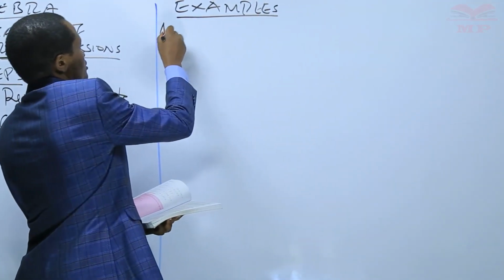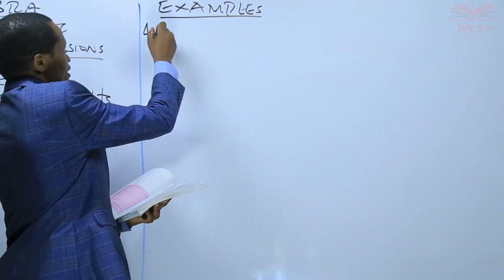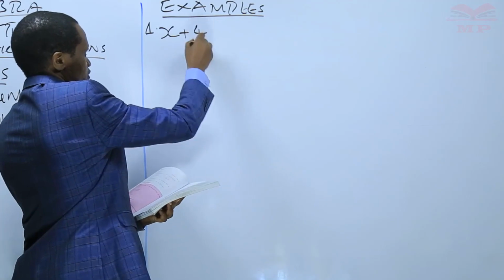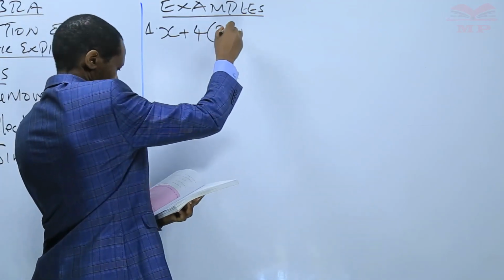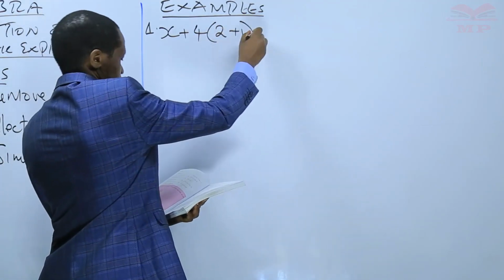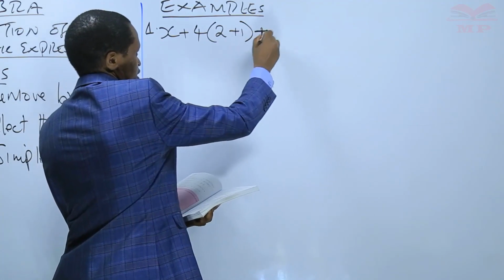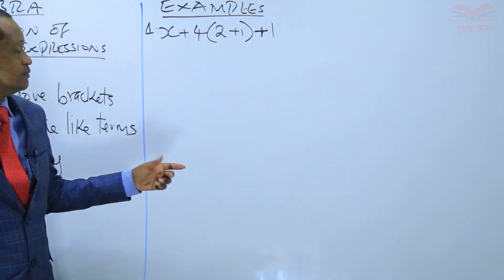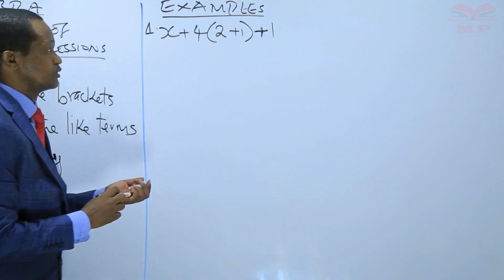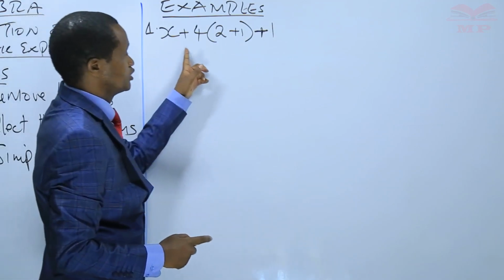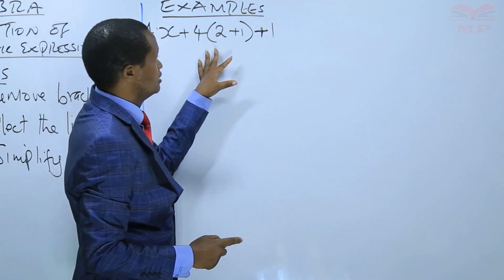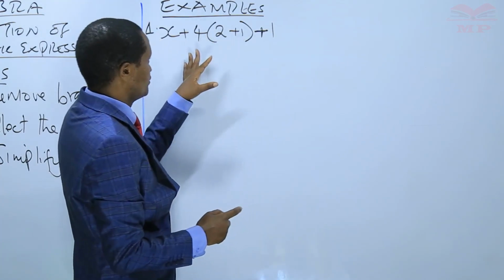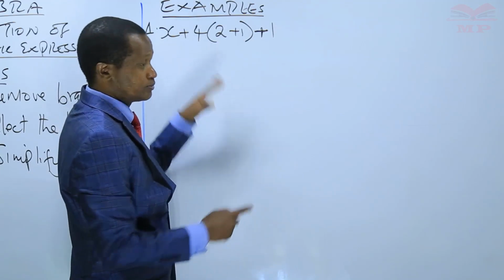Example number 1, simplify x plus 4 into 2 plus 1 plus 1. These are algebraic expressions. We need to simplify. This is an expression, this is an expression, this is an expression. So we need to simplify this algebraic expression.